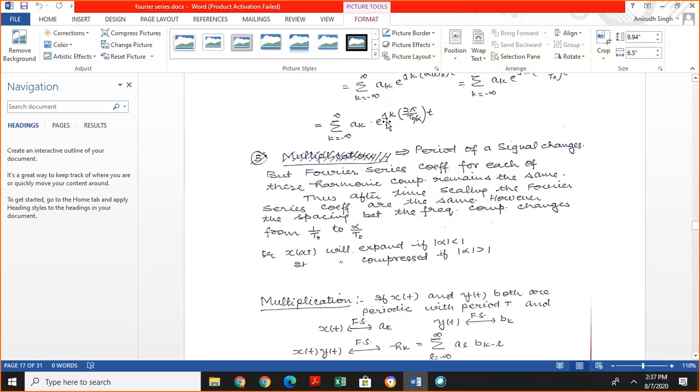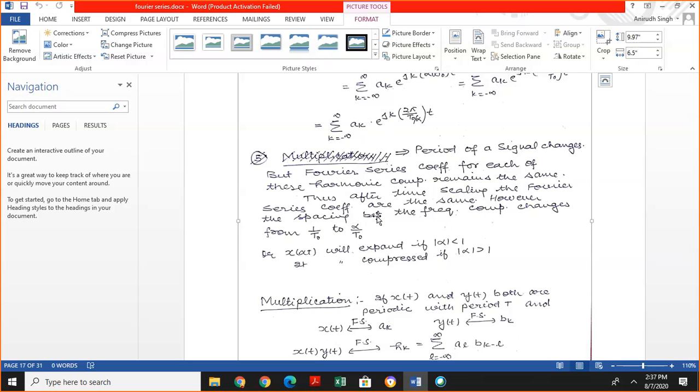Here this is j k omega t. Omega is frequency, and if frequency changes, it means that the time period changes. So the time period changes, but there is no change in the Fourier coefficient. Thus, after time scaling, the Fourier series coefficients are the same.